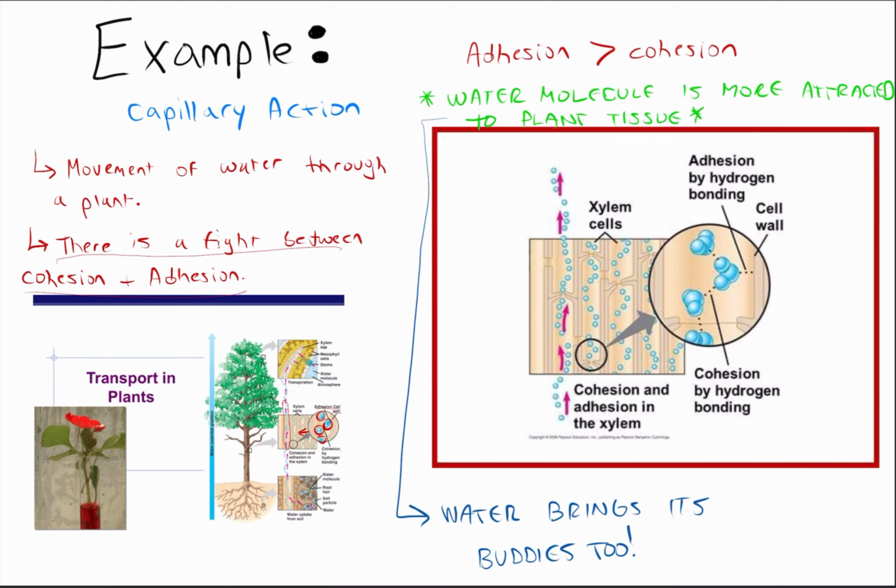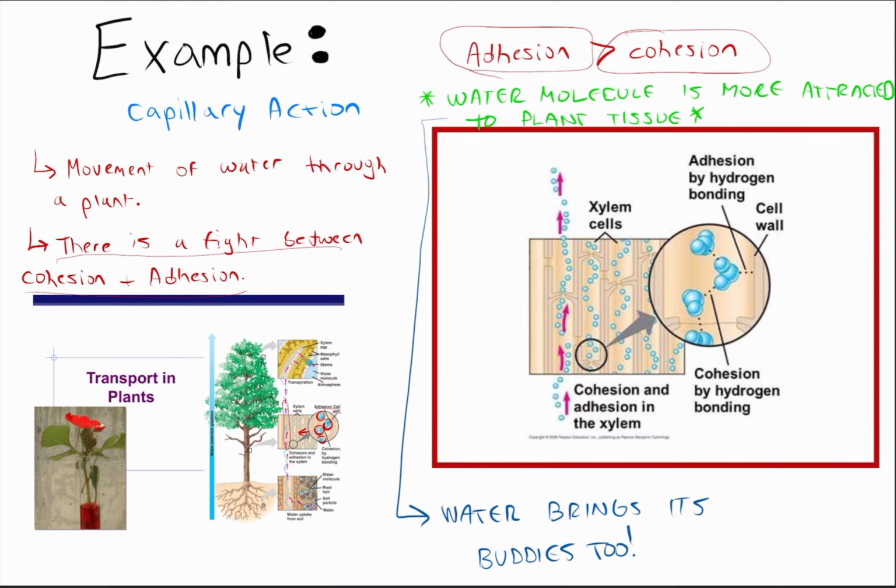So water molecules are more attracted to the plant tissue, right? And this is mainly because the forces of adhesion are stronger than the cohesion, correct? And again, this is all because of that oxygen atom that is highly electronegative and has an affinity for another molecule that is more partially positive, right?